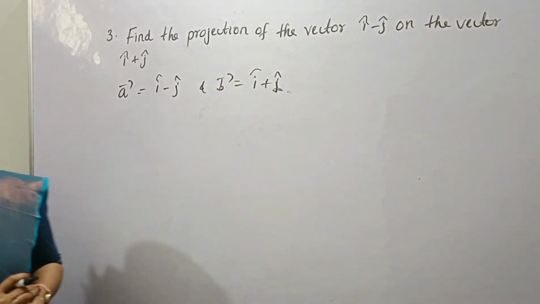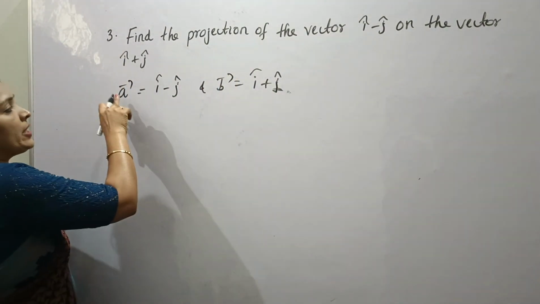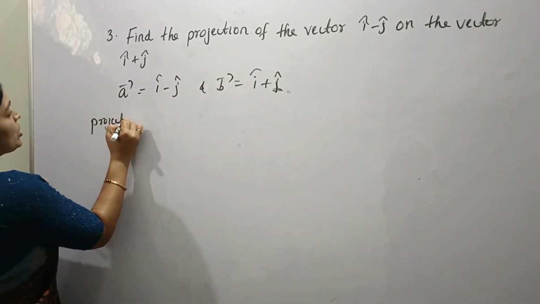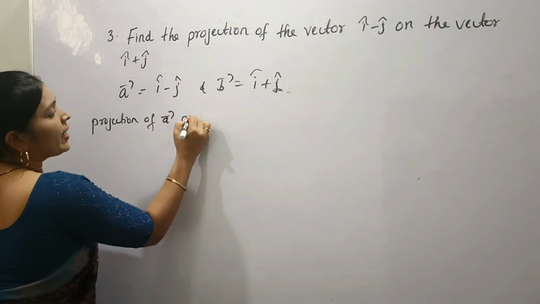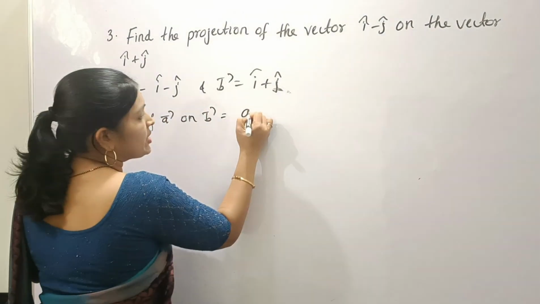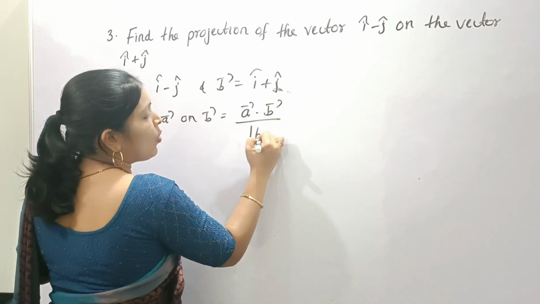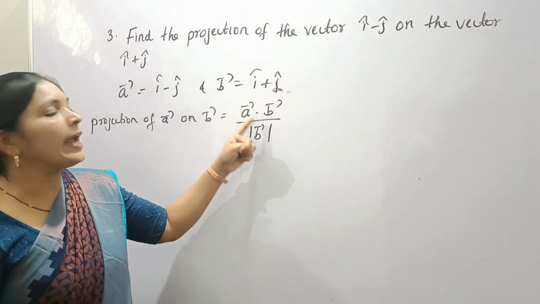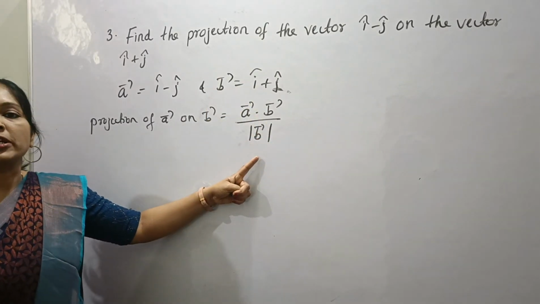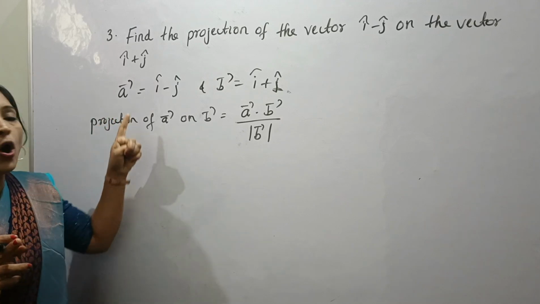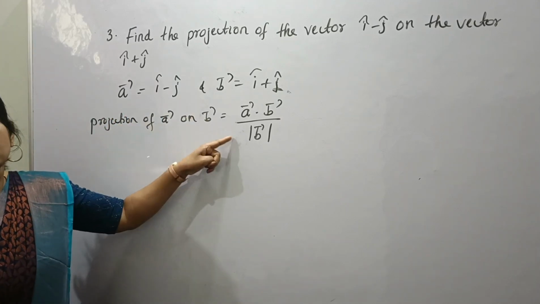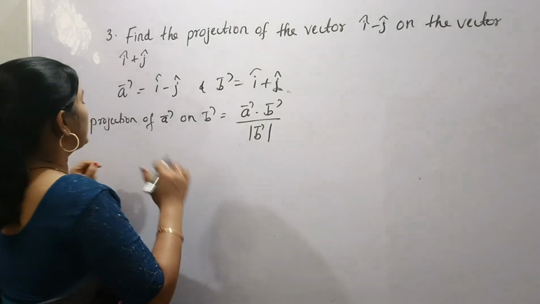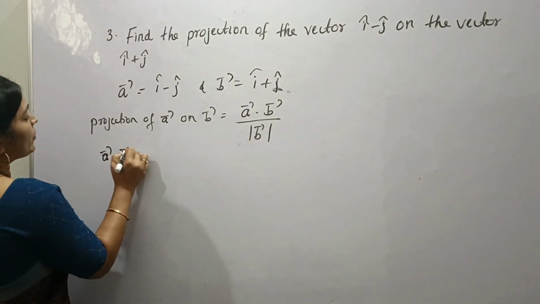We have to find the projection of vector A on vector B. And we have a formula: projection of vector A on vector B is equal to vector A dot vector B divided by modulus of vector B. So here we need to find vector A dot vector B and the magnitude of vector B. Remember, projection of vector A on vector B is equal to vector A dot vector B divided by modulus of vector B.